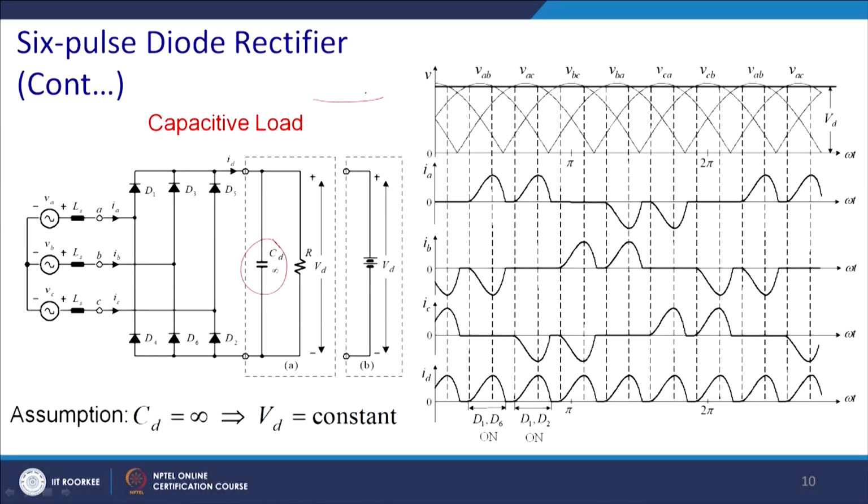Now, generally you want a constant DC bus voltage, and due to that you need to put in a huge capacitor, and once you put in a huge capacitor it becomes constant. In that case what happens is quite detrimental, because current will flow only for the duration when VAB crosses the value of VDC.